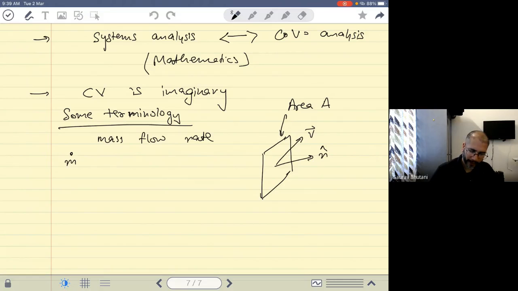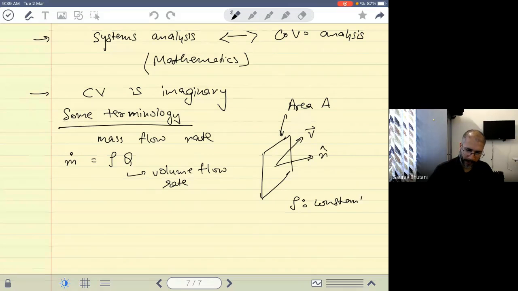Okay, so what I can do is I can find the mass flow rate, which is kgs per second, by multiplying the density times the volume flow rate. So I'm assuming that the density is constant here. Okay, and the volume flow rate can easily be found.